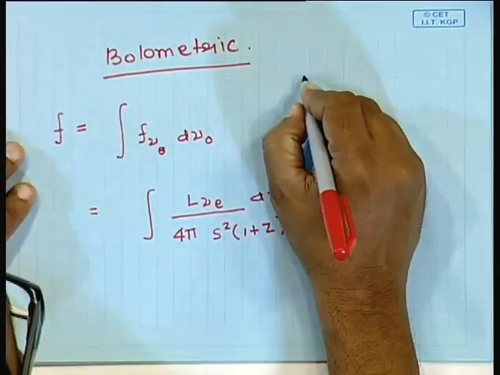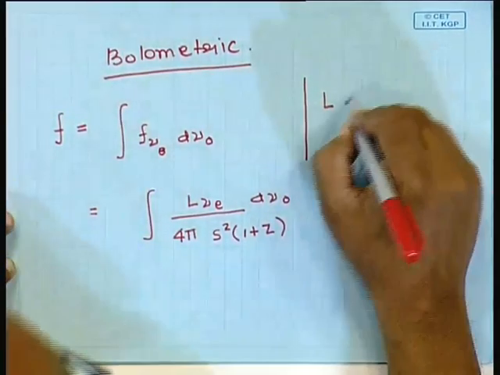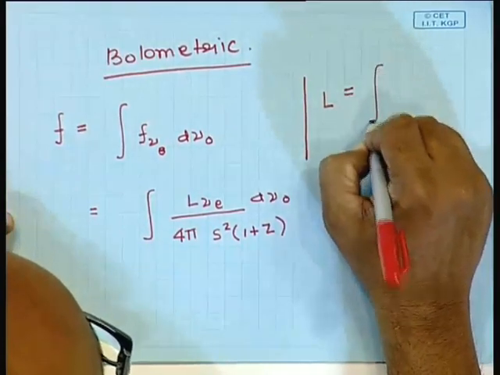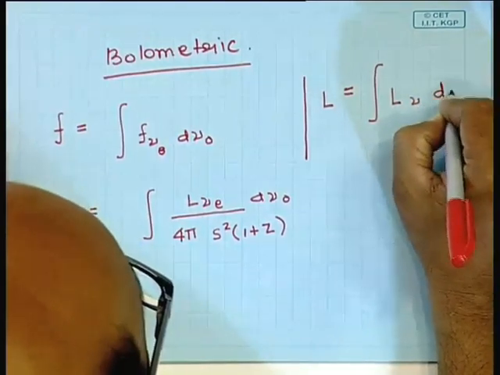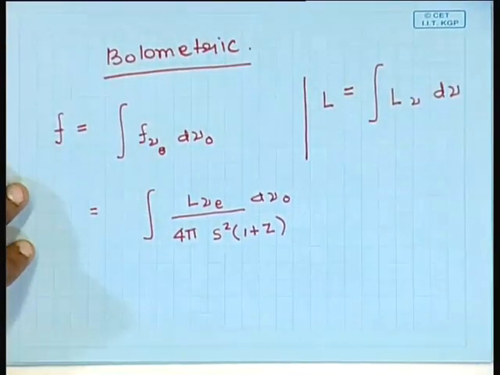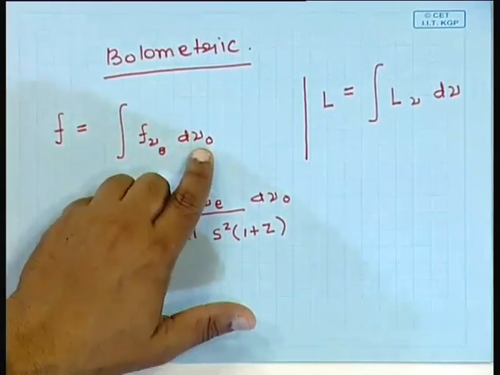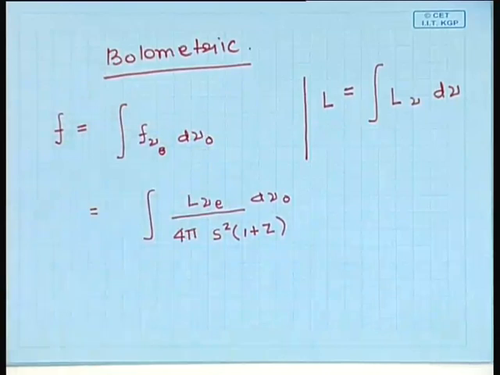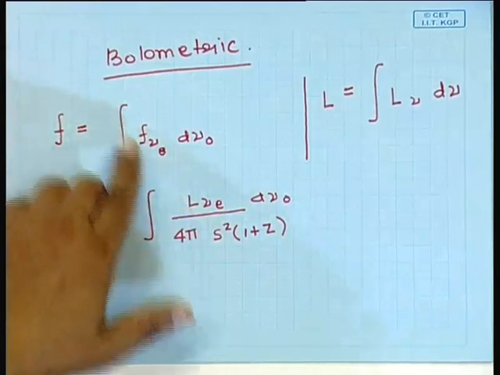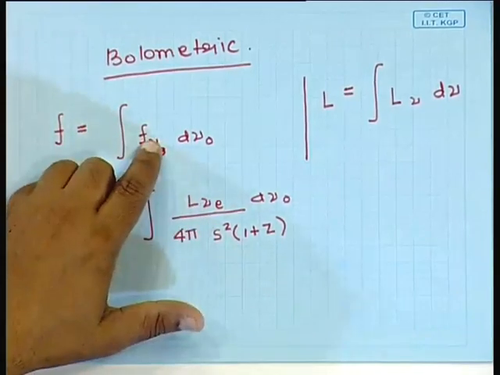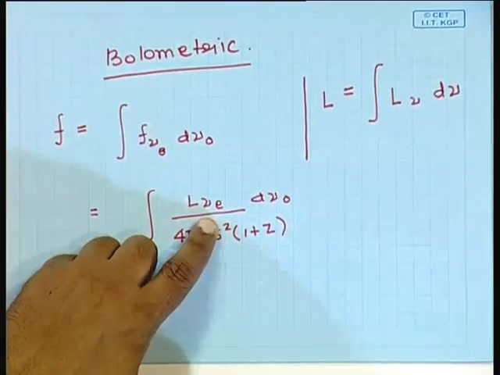Now, we also know that the bolometric luminosity is the integral of the specific luminosity over all frequencies. I have to be careful, because this has to be integrated over all observed frequencies. I know L in terms of the specific luminosity, but not at the same observed frequency, but at an emitted frequency, a different frequency.